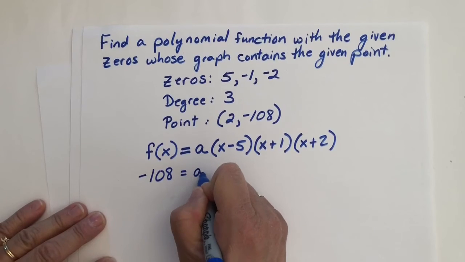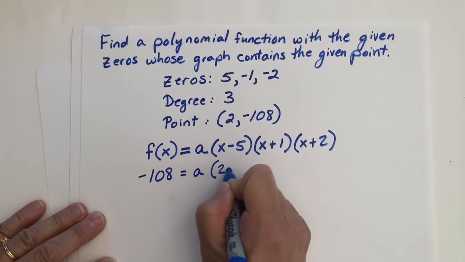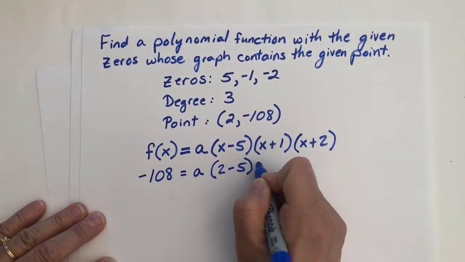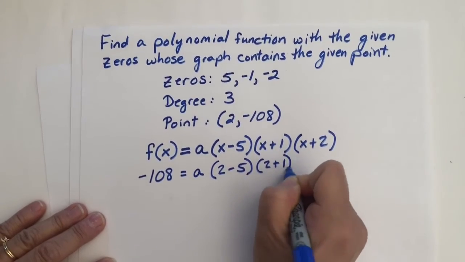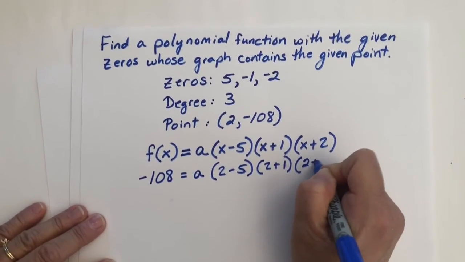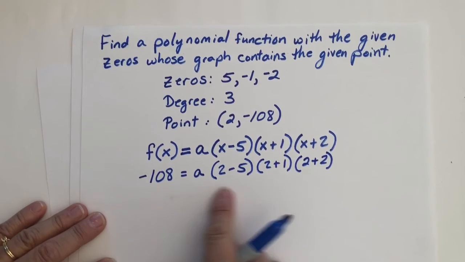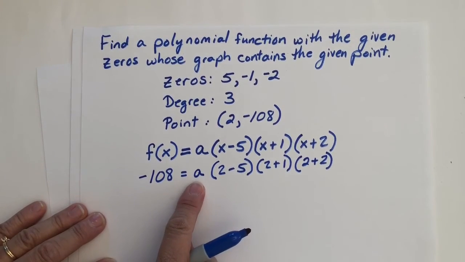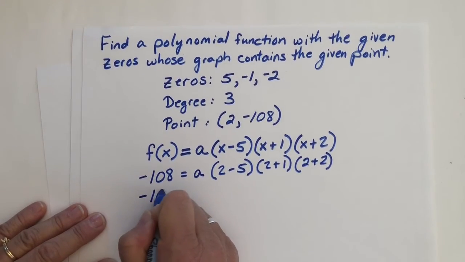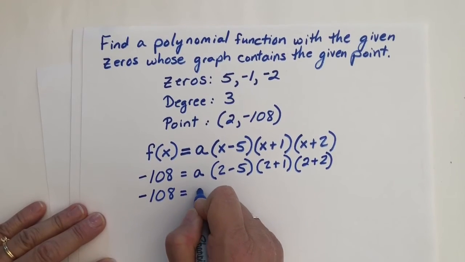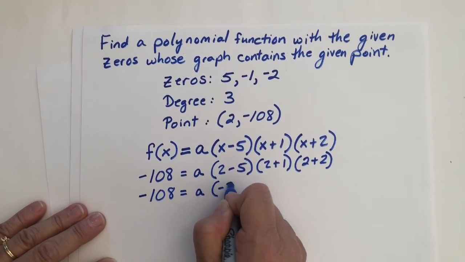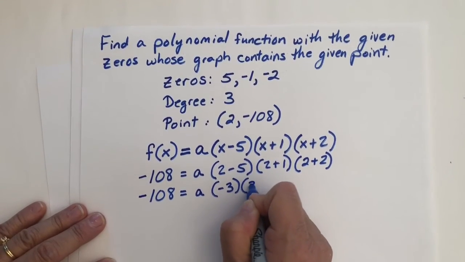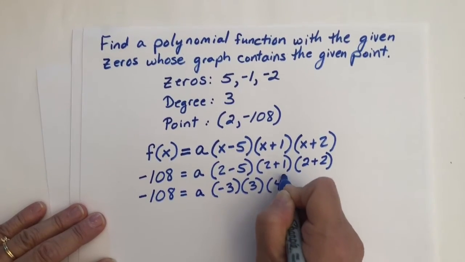We have a times 2 minus 5 times 2 plus 1 times 2 plus 2. And now we have an algebraic equation to solve with just one unknown. So we have -108 equals a times -3 times 3 times 4.